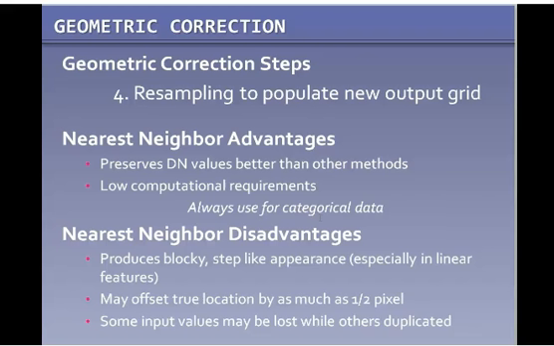The error can be higher, so it's not going to be as accurate as some of the other models we have. And in fact, if you're always just grabbing the nearest pixel, there are some of the original pixels that will never be the nearest pixel to the new output grid, and so you may end up losing some pixels entirely, the data that was contained in those pixels entirely.